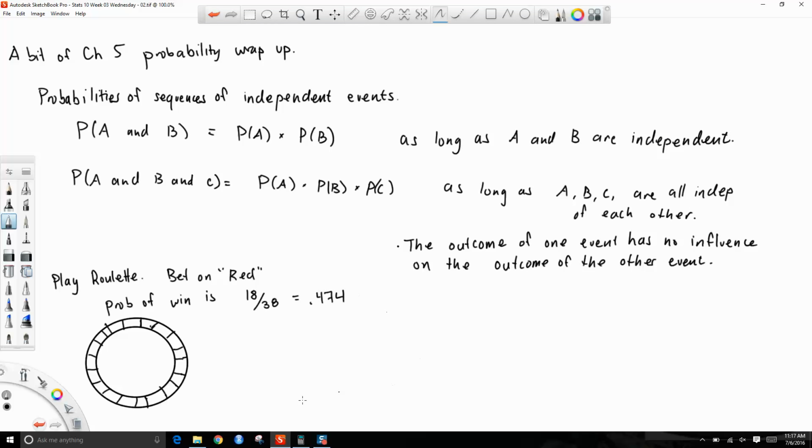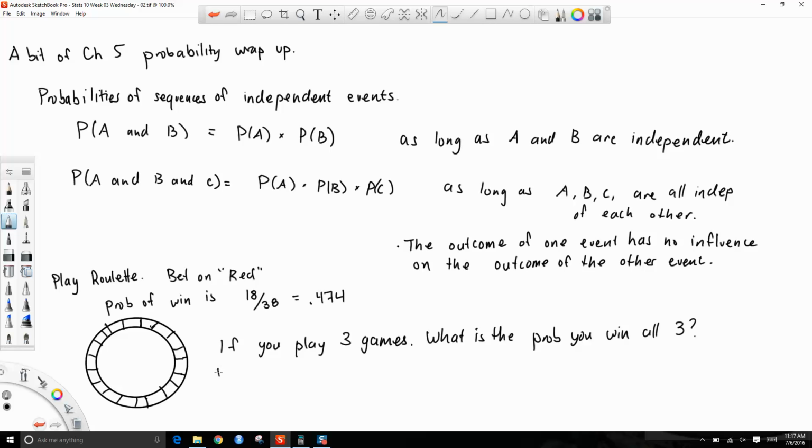All right, so I can ask a question like, if you play 3 games, what is the probability you win all 3? So what is the calculation that we would do to get this answer?